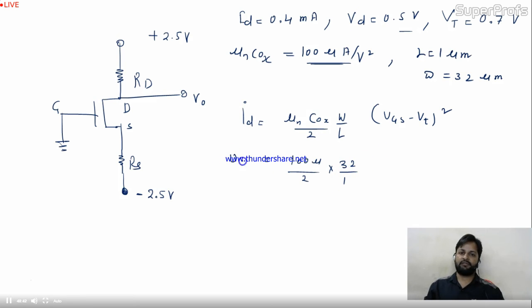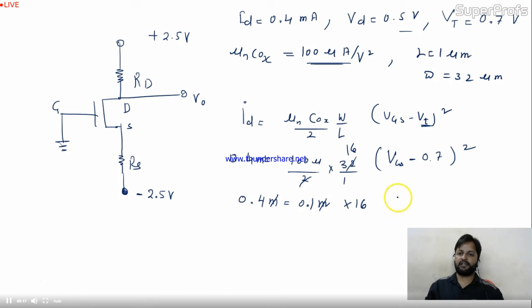ID is given as 0.4 milli. We need to calculate VGS, and VT is given as 0.7, whole square. So this will be 16, and 0.4 milli equals 0.1 milli into 16, so milli will cancel out, times VGS minus 0.7 square.